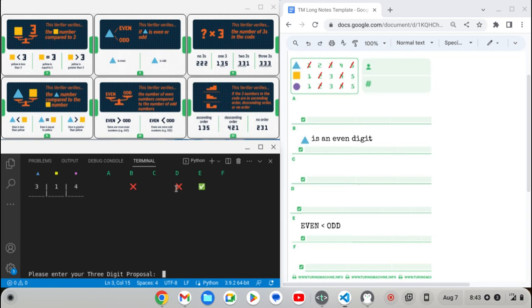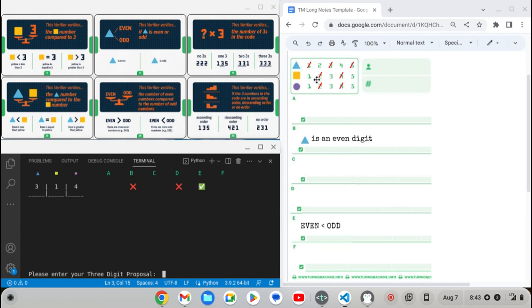Okay, so it does not approve of what I have. As I mentioned, I do have a triangle that's larger than square. We know they can't be equal because one's even and the other's odd. So in fact, we can deduce that triangle should be less than square.